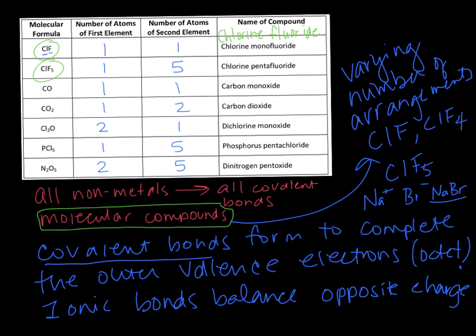That's the only thing possible for the ionic compound. But covalent compounds or molecular compounds have many different arrangements. So we have to use something different in order to designate different names for each one of these different formulas.